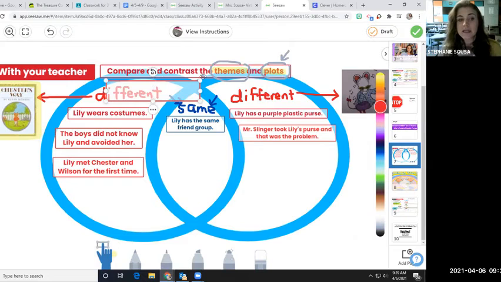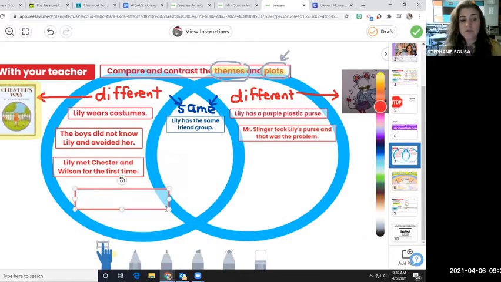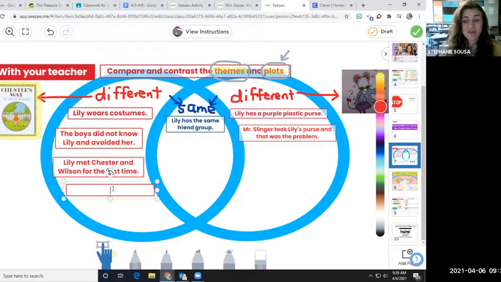It took place in a school inside of Lily's Purple Plastic Purse, and that changed the story. In Chester's Way, they didn't really have to listen to adults. In Lily's Purple Plastic Purse, an adult was part of the problem, right? Because she didn't get to do what she wanted because the adult was in charge. So that setting changes the plot of the story.